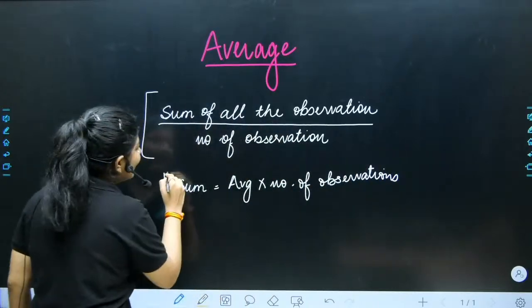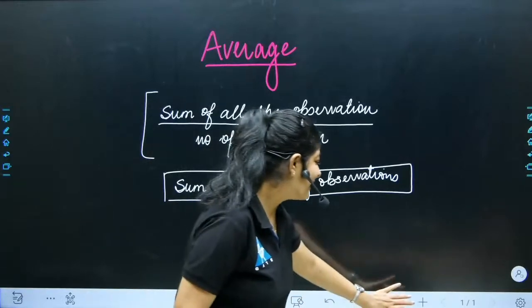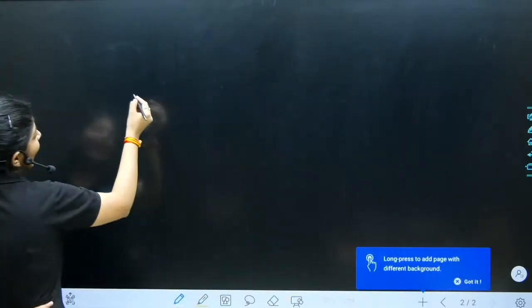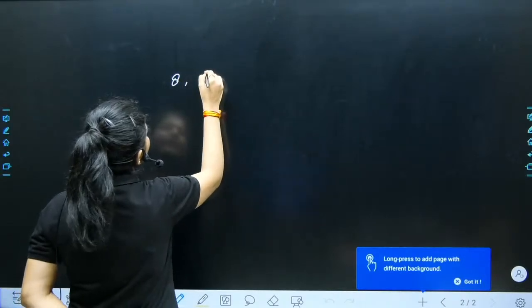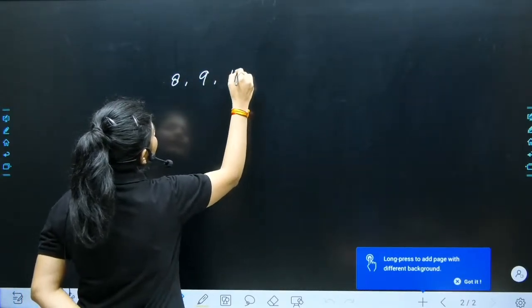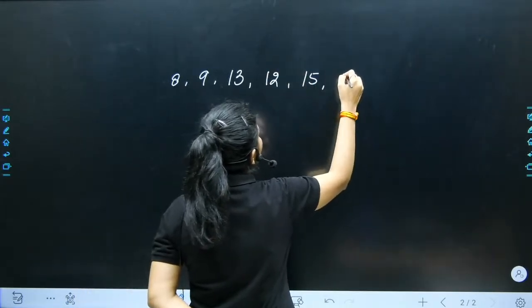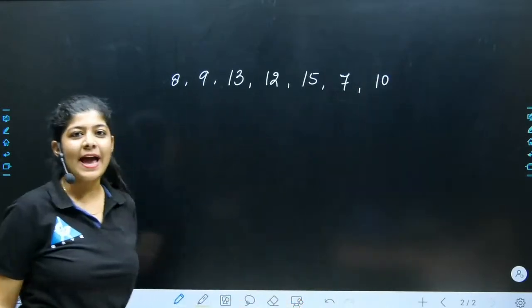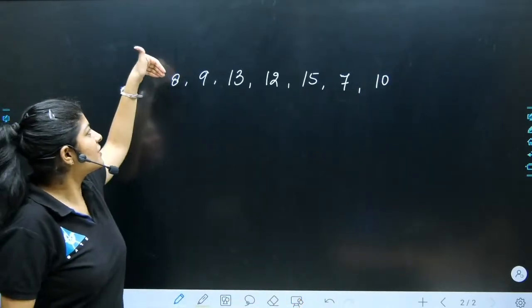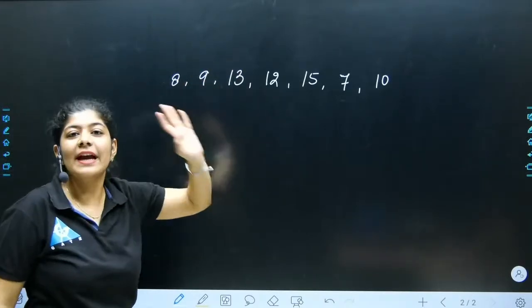I am going to ask a very simple question to all of you. Let's suppose I am having some observations: 8, 9, 13, 16, 15, 7 and 10.